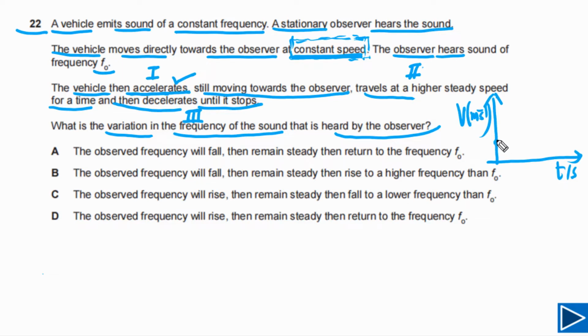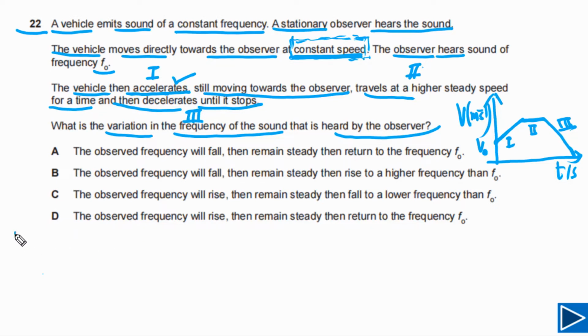So we take the initial speed of the vehicle as v0, then it accelerates to a certain maximum speed, then it continues moving at that steady speed for a while, then it finally decelerates to rest, meaning its final speed is equal to 0. This is our case 1, this is our second case, and this is the third case.